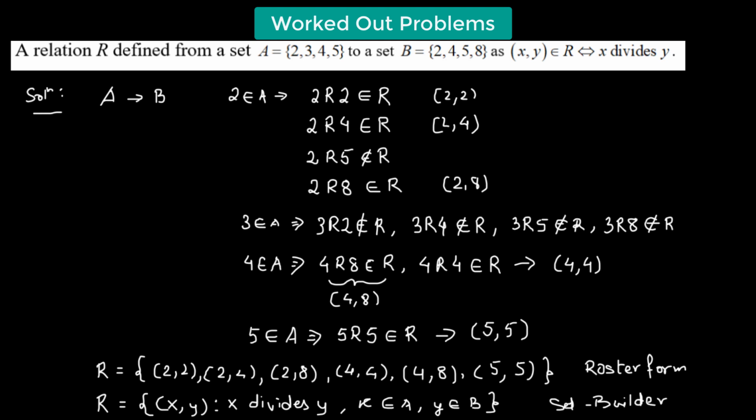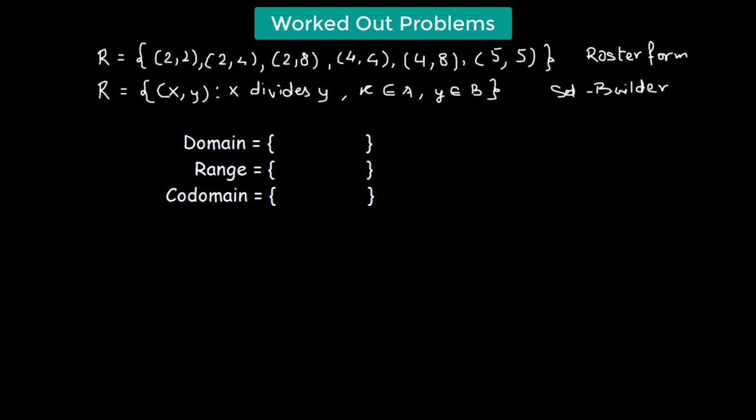Now that we have the relation in the roster form, we can figure out the domain, range, and codomain of the relation. So let us do that. The definition of domain states that all the first elements of the ordered pairs in the given relation will be the domain of the relation.